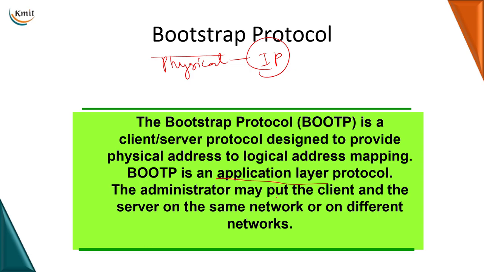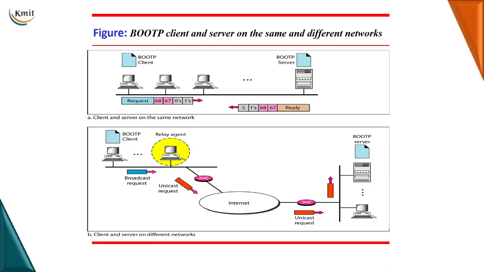The administrator may put the client and the server on the same network, or on different networks. So even if you are having different networks, Bootstrap can help you. See, there are two variations here: the BootP client and server are on the same network, or on different networks.